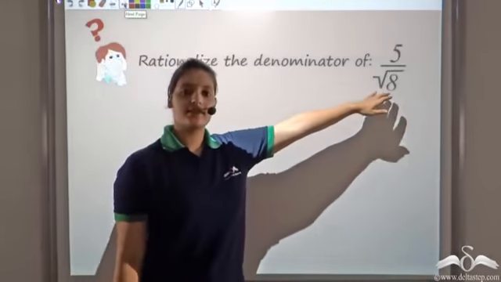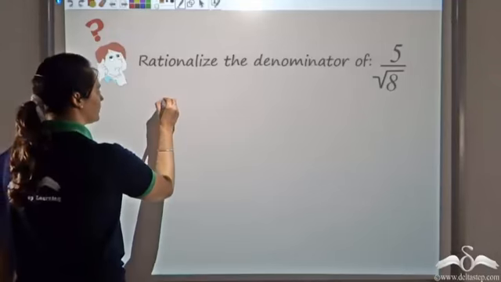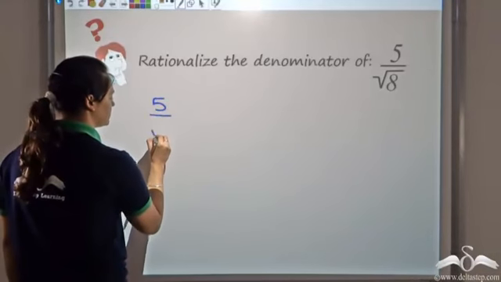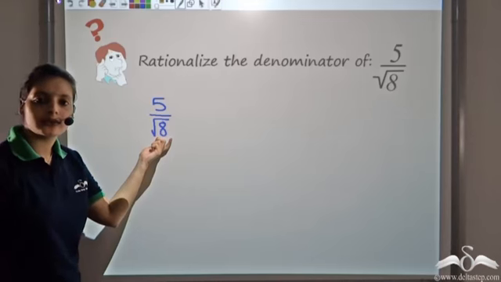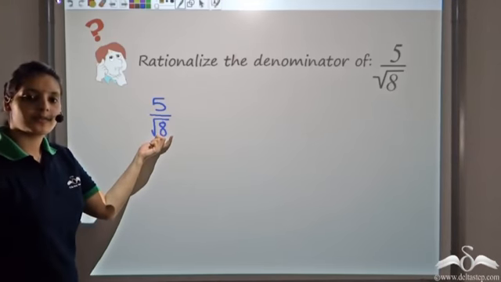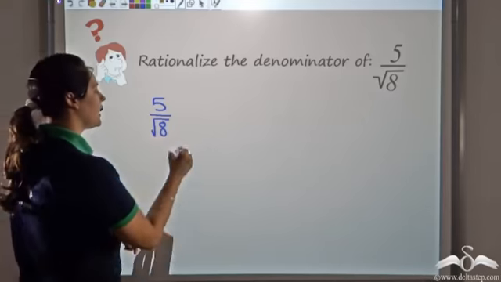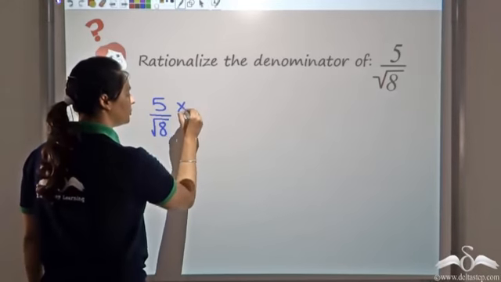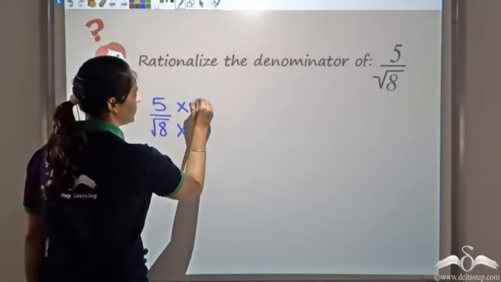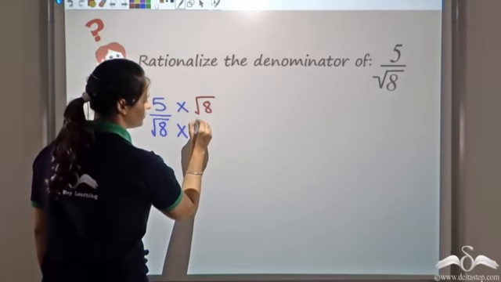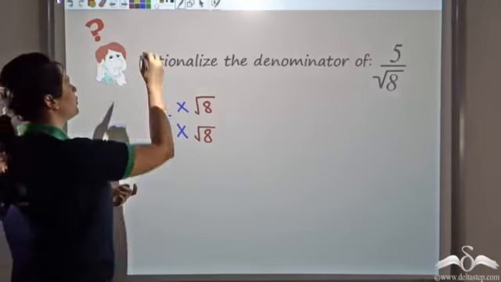Now can you rationalize this number, which is 5 by under root 8? The denominator is an irrational number. To reduce it to the simplest form, I need to rationalize the denominator. How do I do that? I multiply both the numerator and denominator by under root 8. So what do I get?